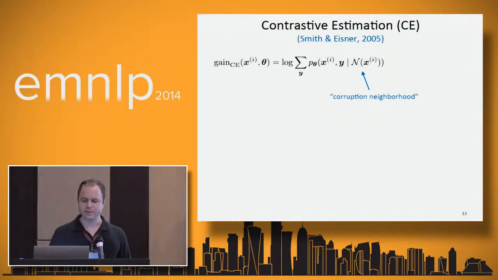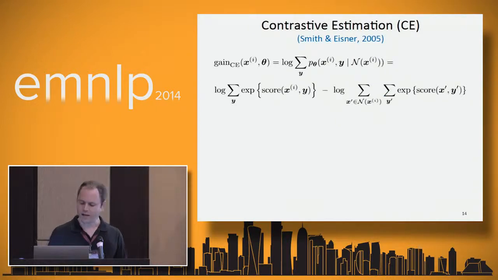CE from Smith and Eisner 05 has a gain function that is the conditional probability of xi given a corruption neighborhood of xi. Again, we marginalize out all y's. You can think of this as a log marginal conditional likelihood of xi given its neighborhood.